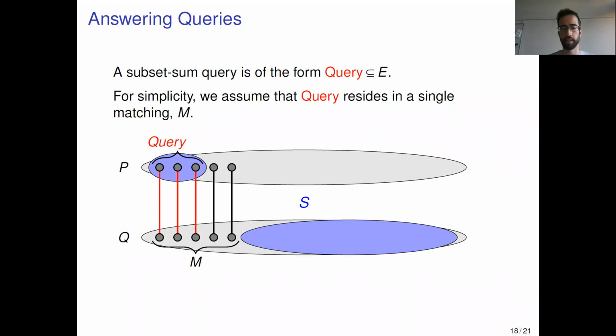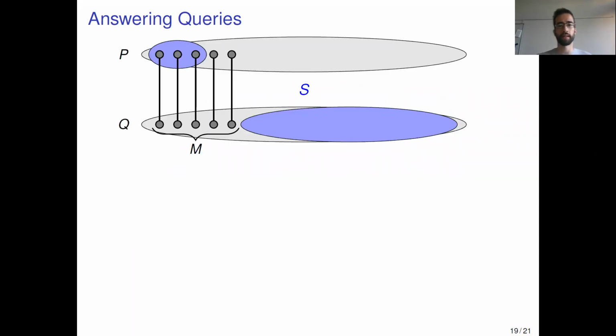So S is defined as containing all the vertices corresponding to query edges in P and all the vertices outside of the support of M in Q. So how do we take the cut size of this S and deduce the answer to the subset sum query?